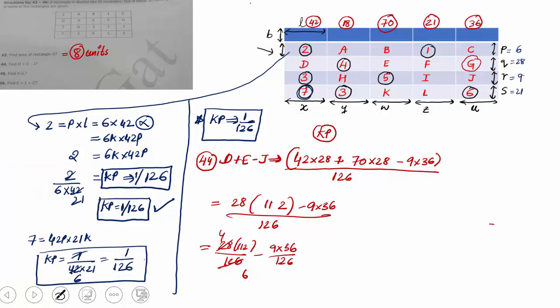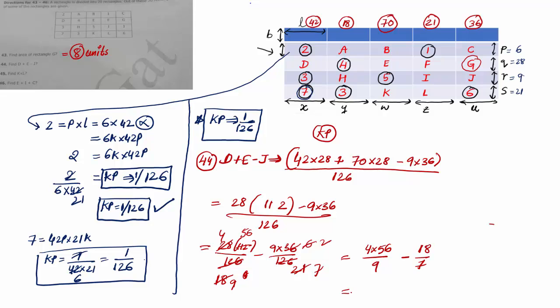And then this is 7 4s are 28. 7 1s are 7, and we have 5, 7 8s are 56. Right now, I'm left out with 2 9s are 18. And now this one is 6 6s are 36. So finally this would become 4 into 56 by 9 minus 18 by 7.